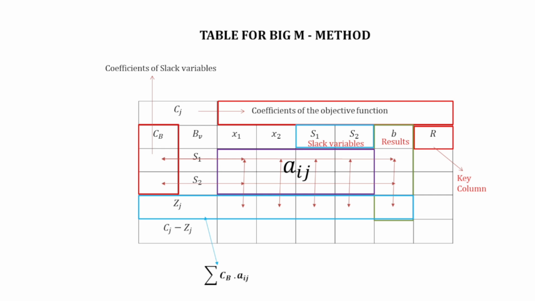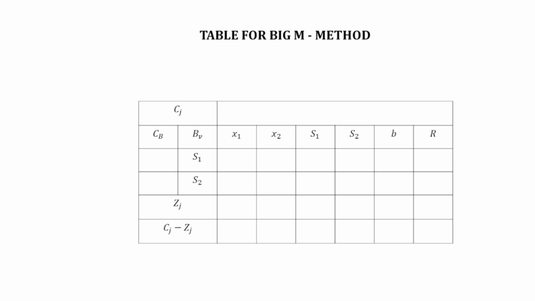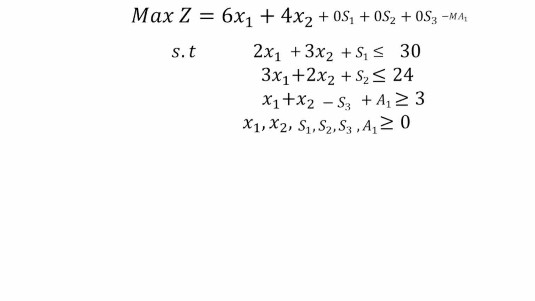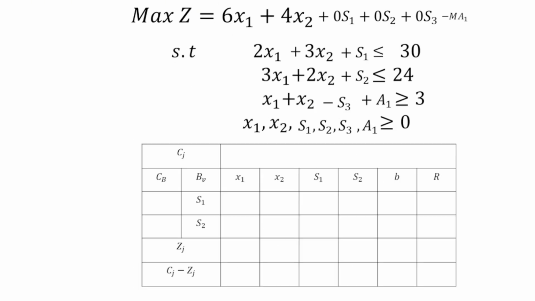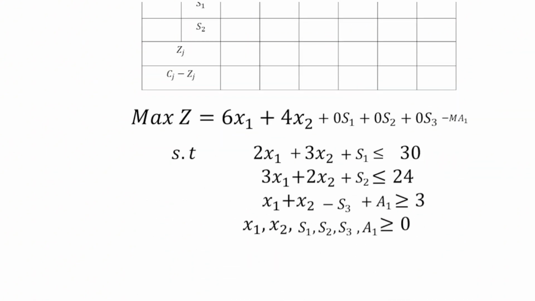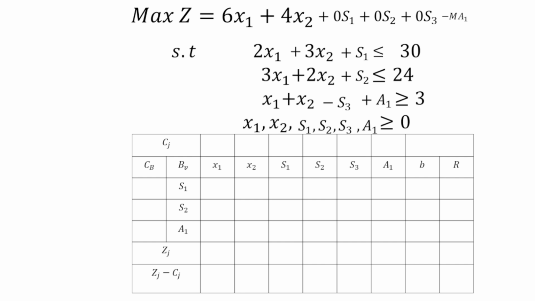So much more if we are talking about the big M, right? In a question like this, we would consider a table. Now this is what Simplex looks like, but for big M, there's going to be an addition to the features of the table. If you notice that we are now adding A1, right?